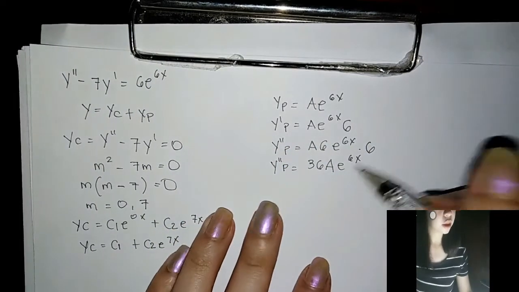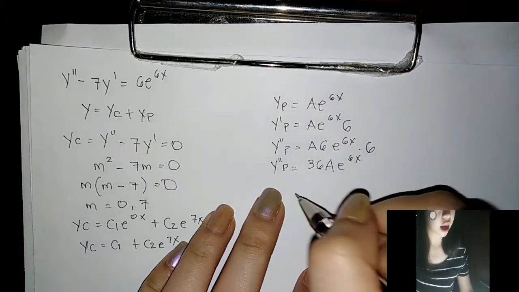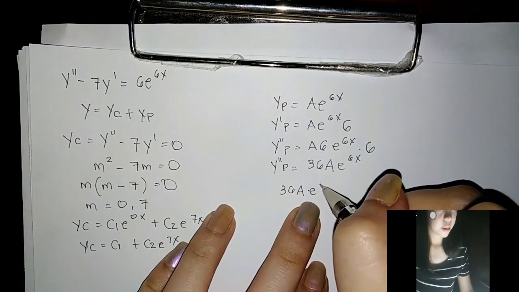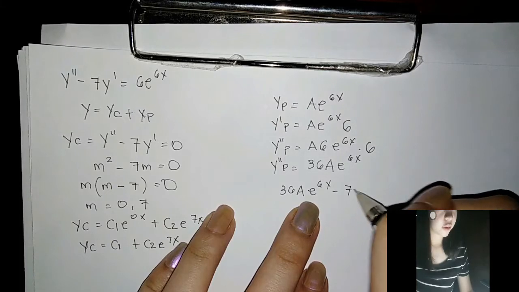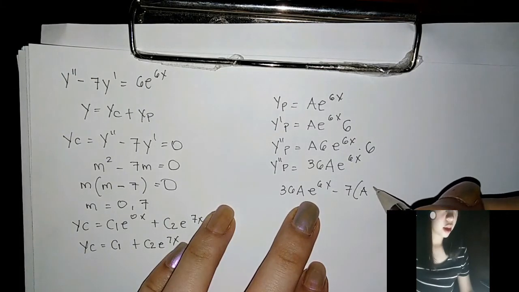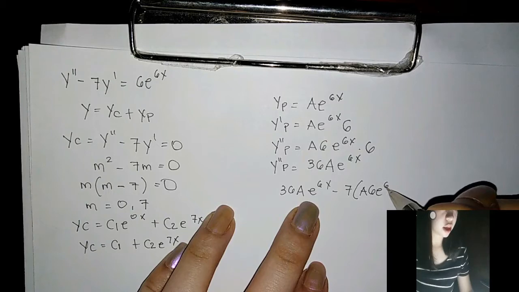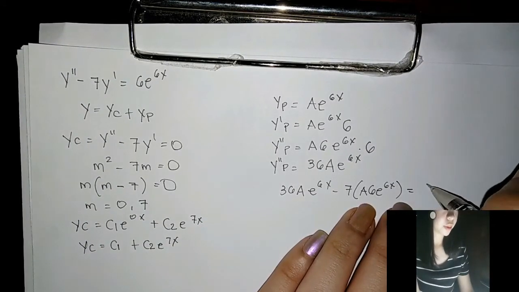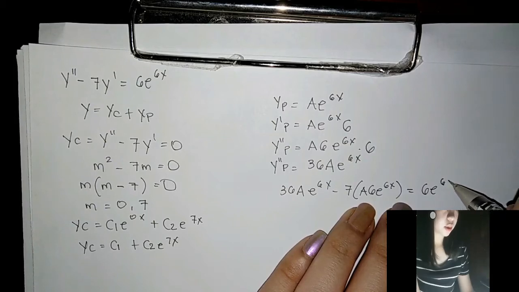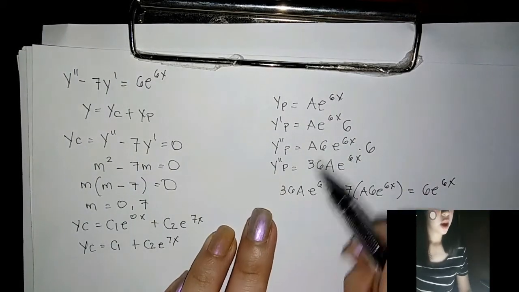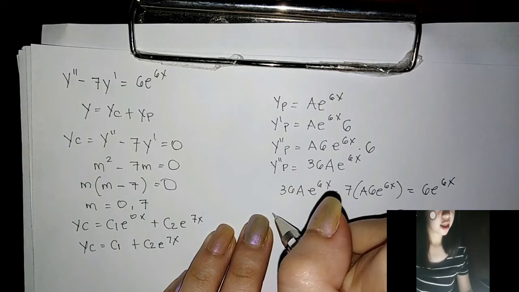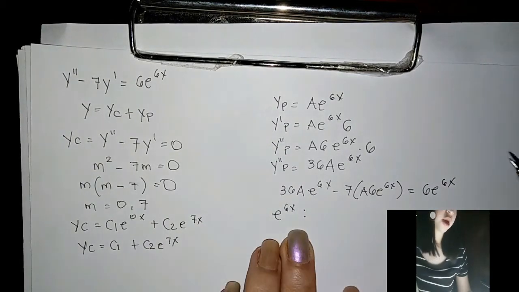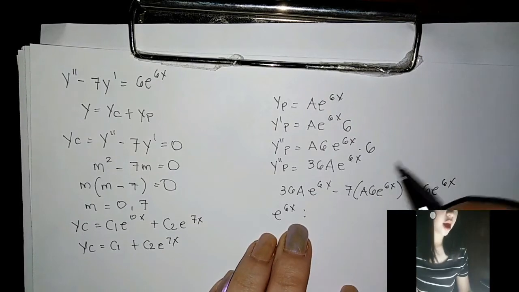So, ngayon, substitute na natin siya. So, 36a minus 7a 6e raised to 6x is equals to 6e raised to 6x. So, equating the coefficients, lahat ng may e raised to 6x, ililist natin para makuha natin yung value ng a.